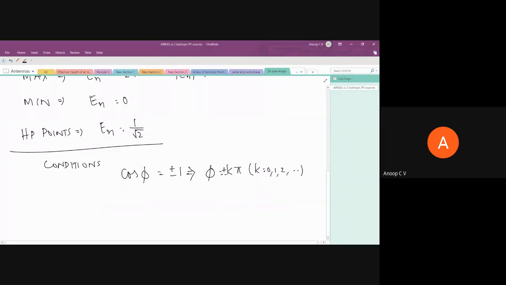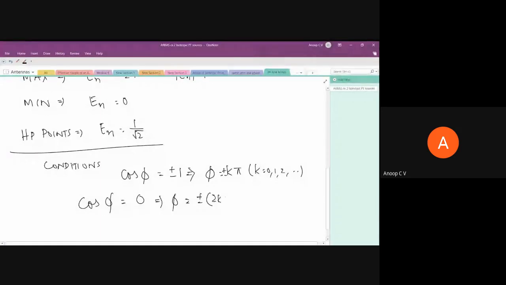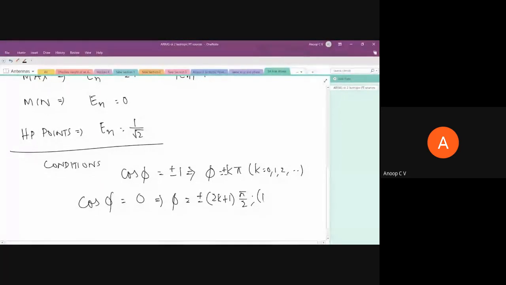It's simple, basic trigonometry. Then if cos phi has to be 0, phi has to be odd multiples of pi by 2. Mathematically, I can write it as plus or minus 2k plus 1 times pi by 2, where k again will be 0, 1, 2, 3, etc.